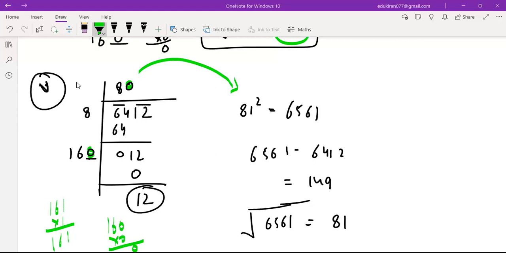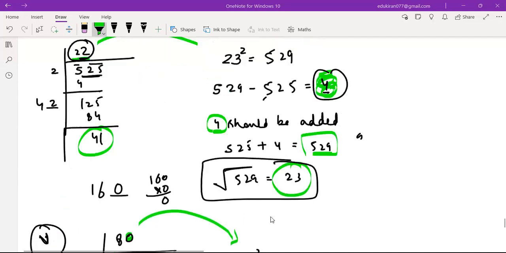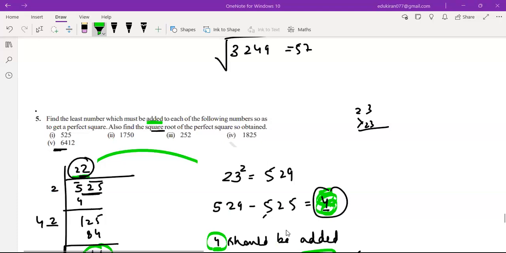Ma'am, I solved the second one. Can I tell you the answer? Because I'm not sure if it's correct. Okay, tell me the answer for the second one. What you got? Ma'am, I did 42 square. 1750 plus 14 is equal to 1764. Yes, so correct. The square root of 1764 is 42.